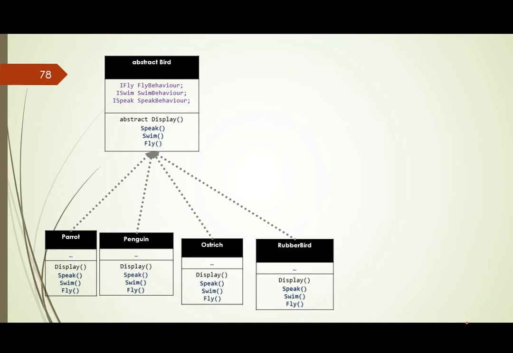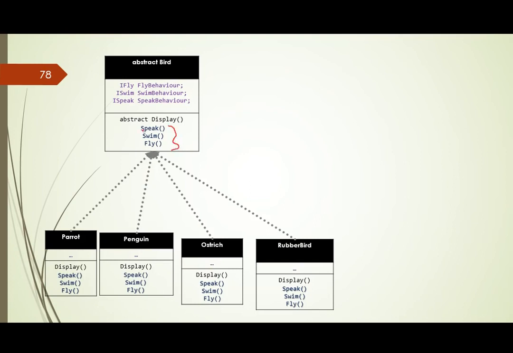So here what we are doing is, in the properties we are saying that the abstract class should also have iFly behavior, iSwim behavior, or speak behavior as well. And we have these three methods.